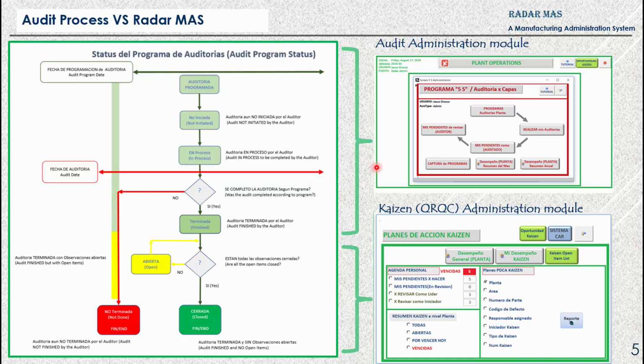So we have these two main screens. The first one is to control the auditing process, to make sure that we have the audit programs in place that are available plant-wide. Once you enter the system with your password, you can go and check your own audit agenda.